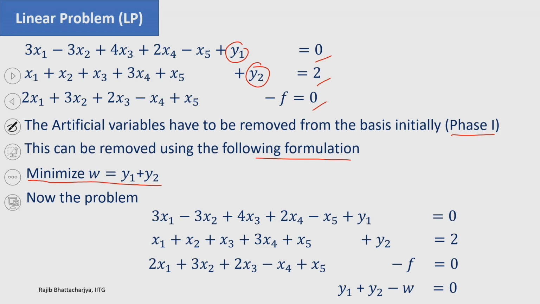So, if I put it here, this is my first equation, this is the second equation, the third one is the original objective function, and the fourth one is the phase 1 objective function, that is y 1 plus y 2 minus w equal to 0. What I am doing here is minimizing w equal to y 1 plus y 2 initially, to remove y 1 and y 2 from the basis.